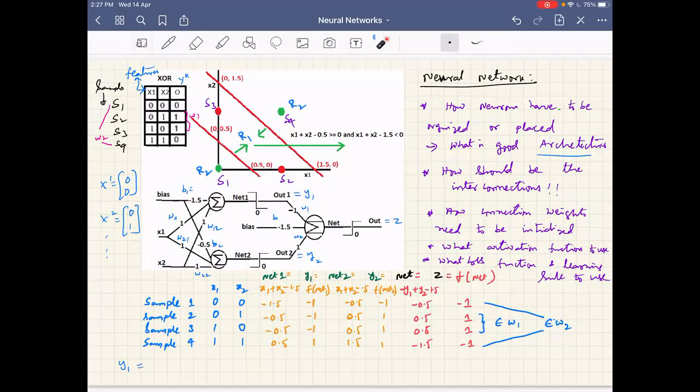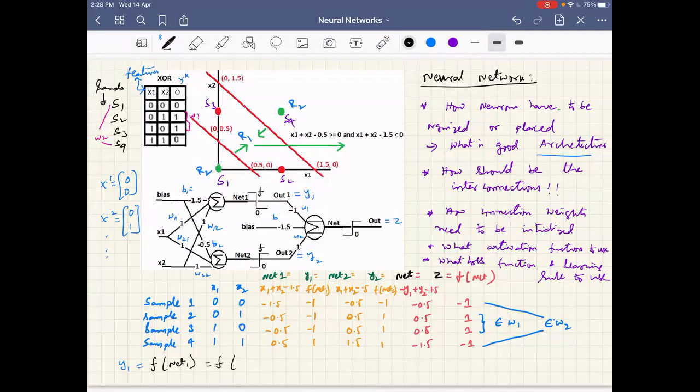Y1, if I want to write, how should I write? So please note that Y1 essentially is equal to f of net1, where f is the activation function, and anywhere the activation function is f. And what is net1?